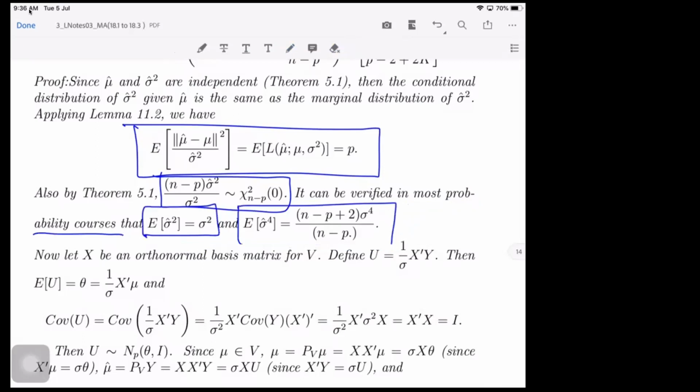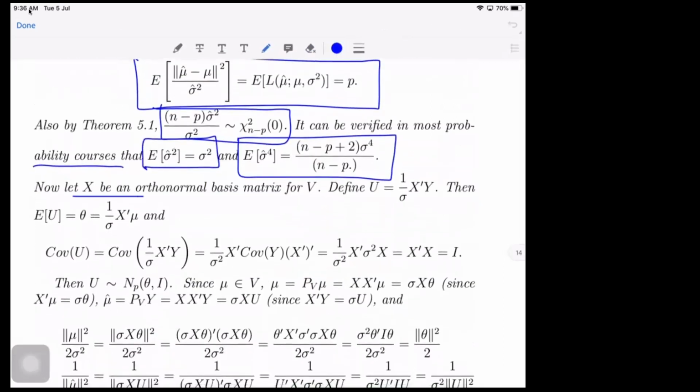And now we define an orthonormal basis for V, and define U, for simpler notation, to be equal to 1 over sigma X prime Y. Then the expected value of U, we call it theta, will be 1 over sigma X prime mu, because we know Y is normally distributed with mean mu. So we have two terms here, U and theta.